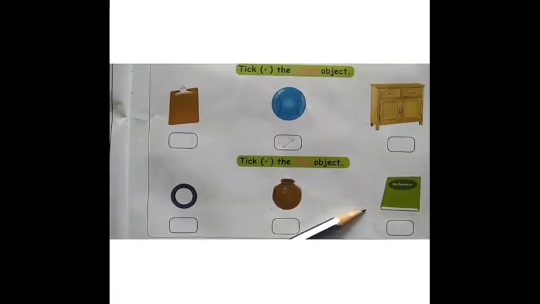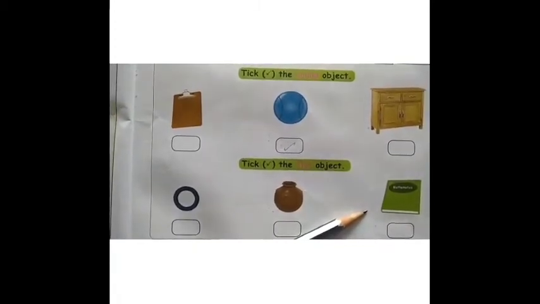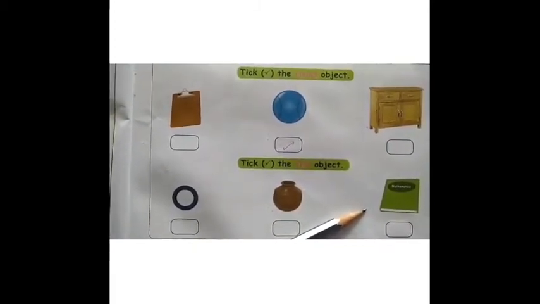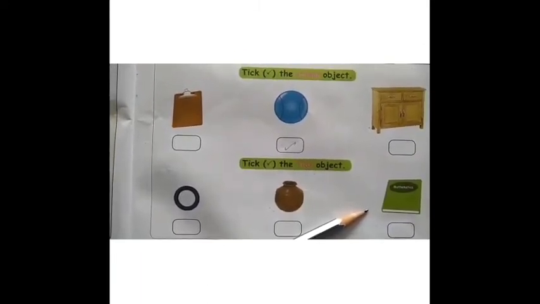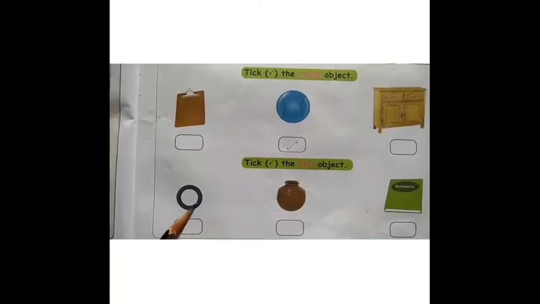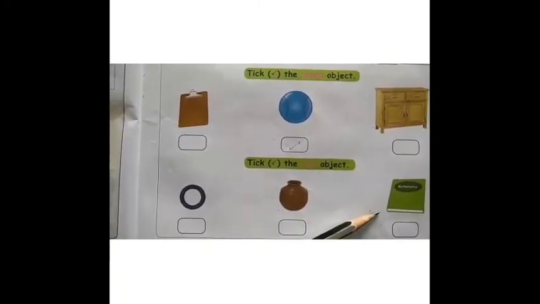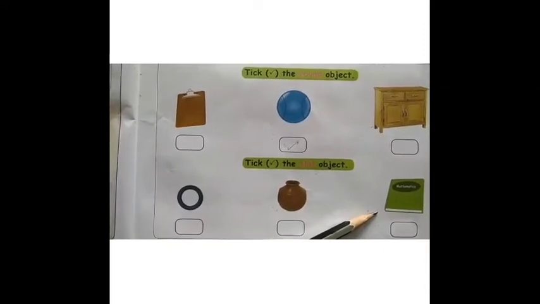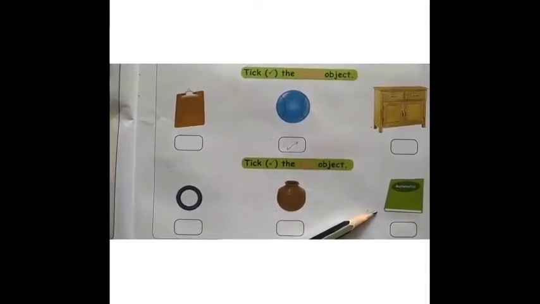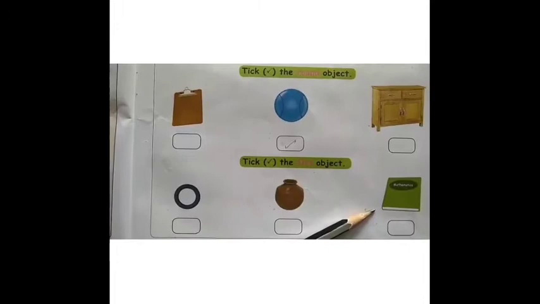In the third picture, we can see a mathematics book. It is in what shape? It is in the rectangle shape. Children, which is the flat object? Yes, the mathematics book is a flat object. So, tick under the book.